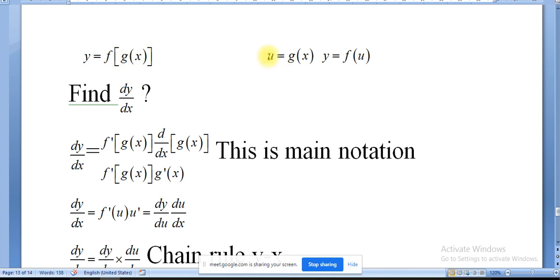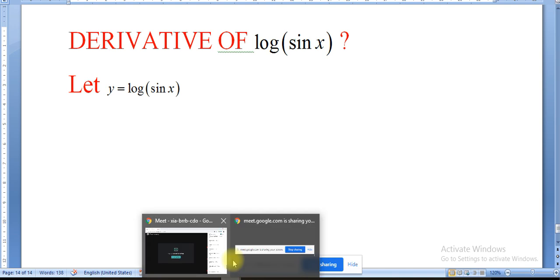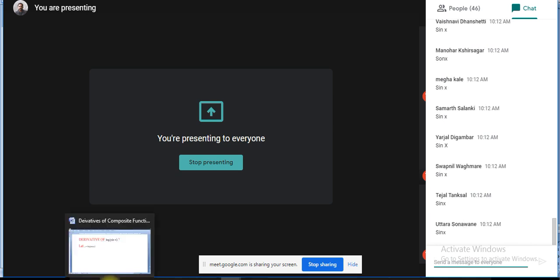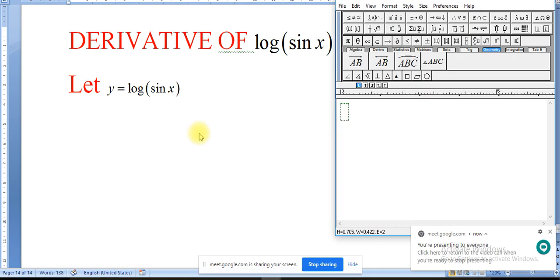It means the inner function itself is u. So what is the inner function in our case? A few of you are saying it is sin x, okay, I get it. Now the inner function is u, so u is equal to sin x.